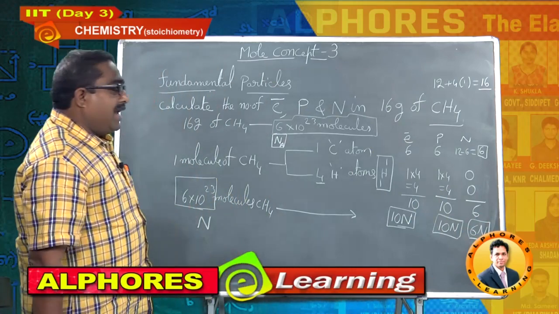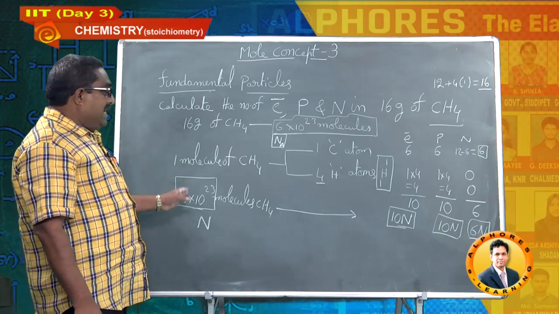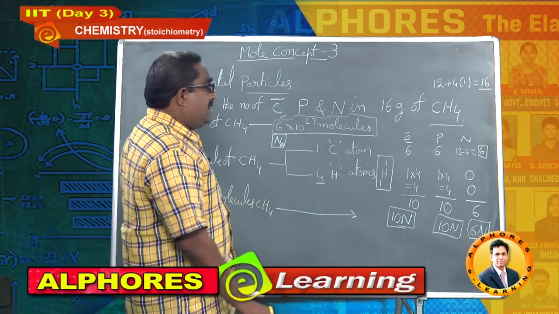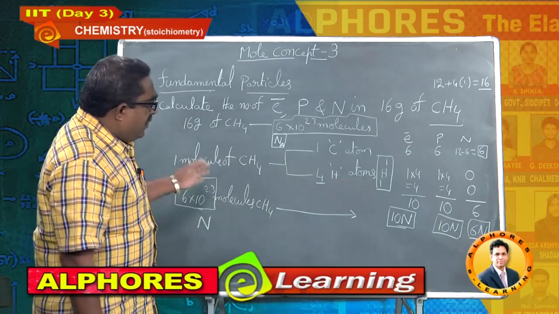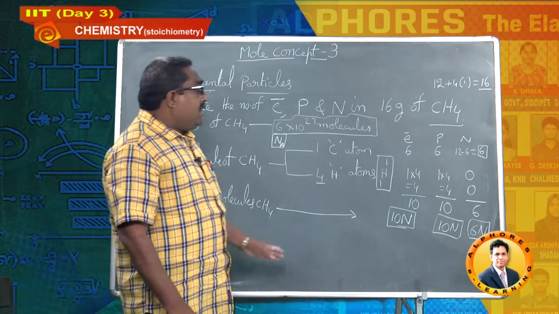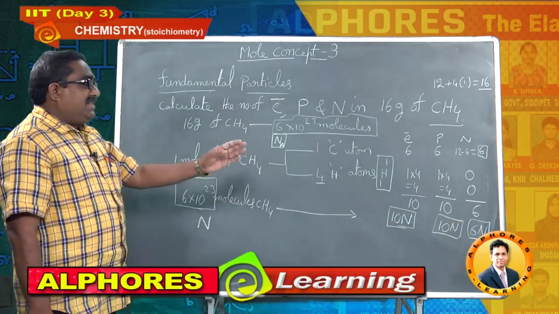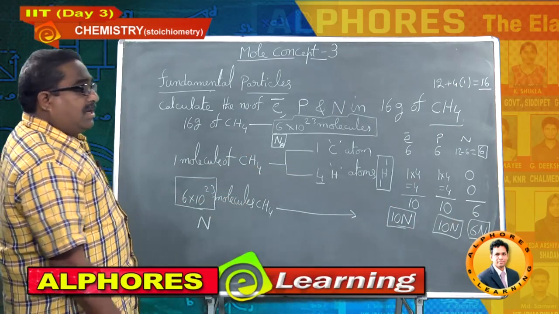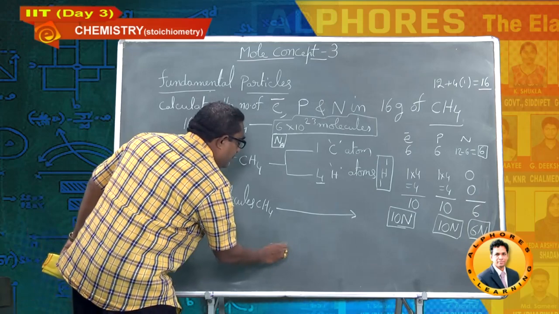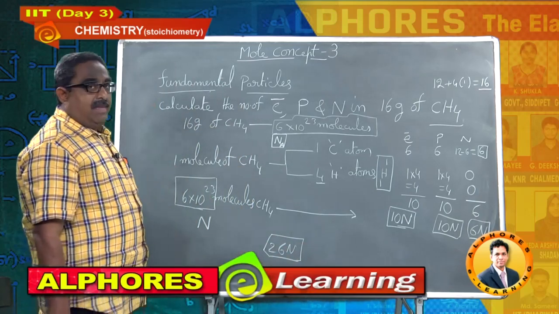So, finally, I got the individual number of electrons, protons, and neutrons. Suppose if anybody asks you to calculate the total number of fundamental particles, you should add all these 3, 10 plus 10 plus 6, total 26 N. So, 26 N is the answer for the total number of fundamental particles.